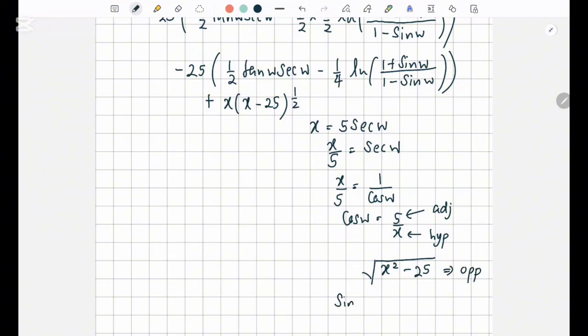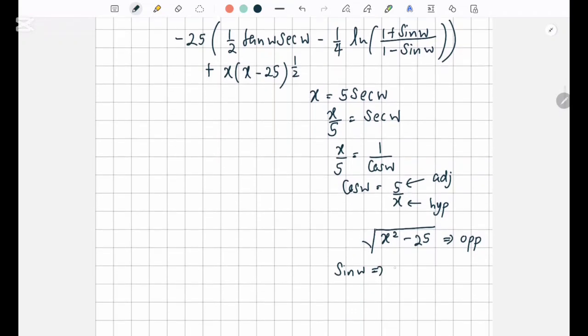So then sine w is the opposite side, root x squared minus 25, over the hypotenuse, which is x.